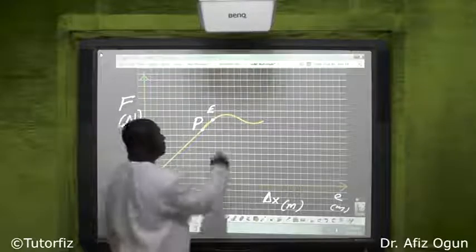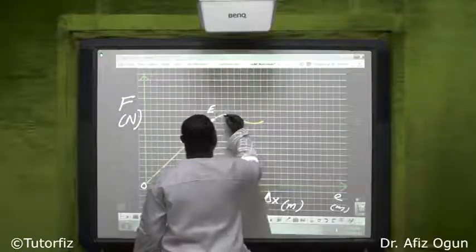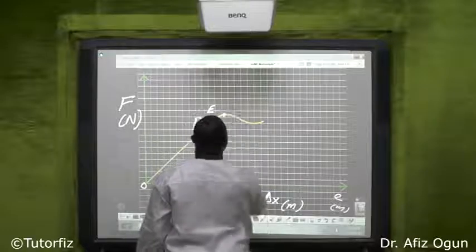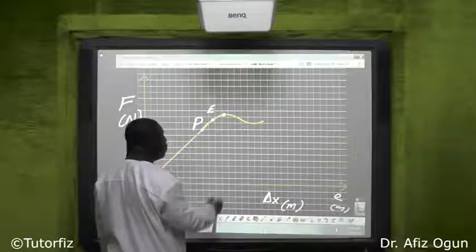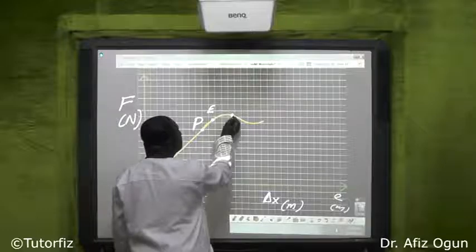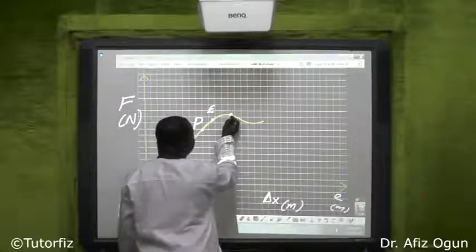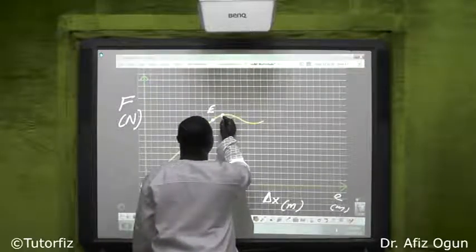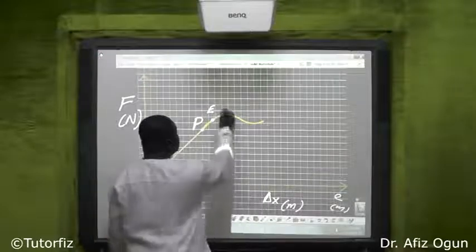Then there is a point here. There is no longer any other point after that, so you don't bother yourself to talk too much. Just call it the yield point.